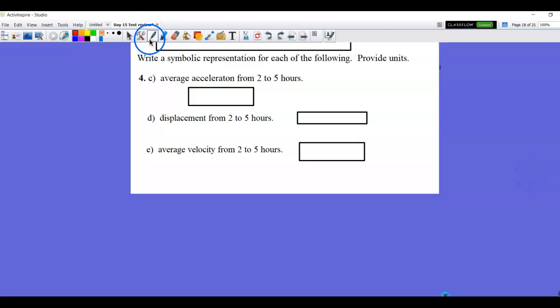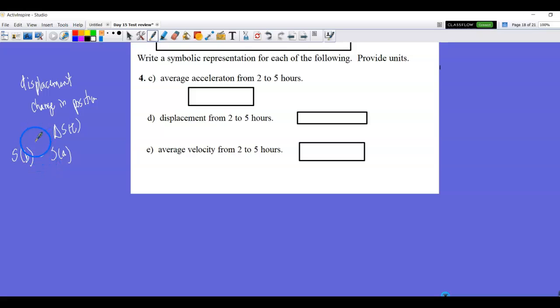D for displacement. We have discussed in class the definition of displacement. In case you don't remember, the definition of displacement is change in position, or terminal position minus initial position. Remember, subtraction indicates change.